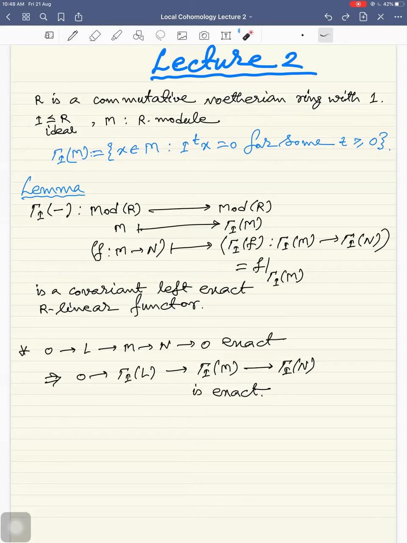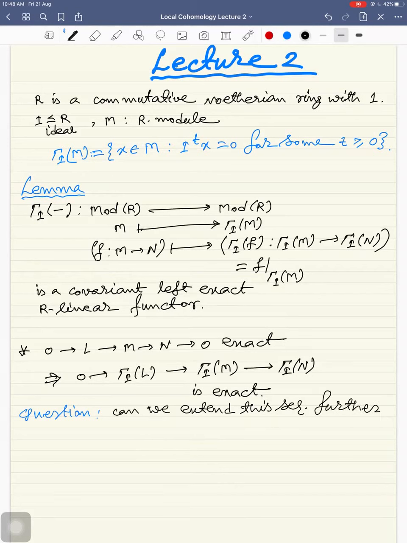Now one may ask the following question: can we extend this exact sequence further?